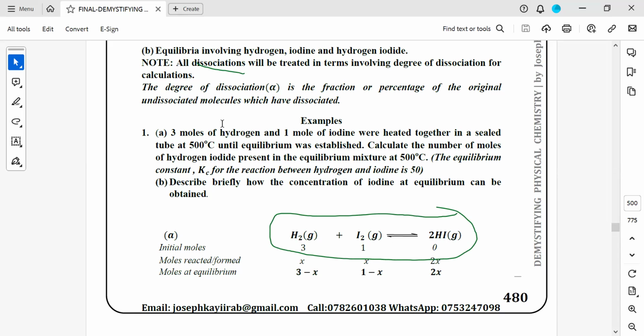But if it's the other way around and we have hydrogen iodide giving us hydrogen plus iodine gas, there is a dissociation, because the products are the direct elements that make up this compound. The hydrogen is being given off and the iodine is being given off, as direct constituents of that compound.